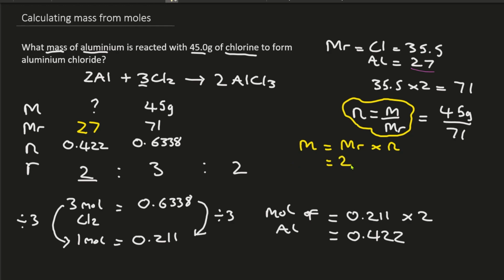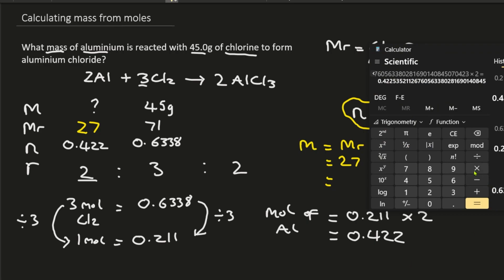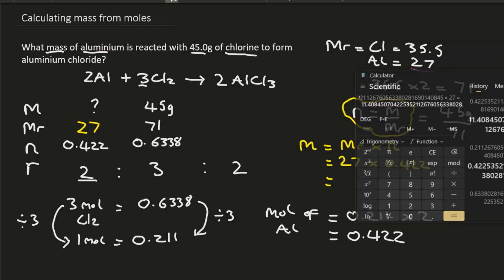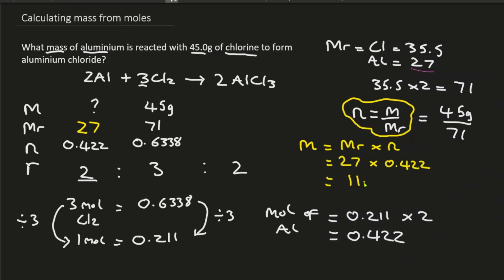So we do 27 multiplied by 0.422. That should give me my answer. It's going to be that answer multiplied by 27, which is the molecular mass of aluminium, which gives us 11.4 to 3 significant figures. So 11.4 grams of aluminium are produced.